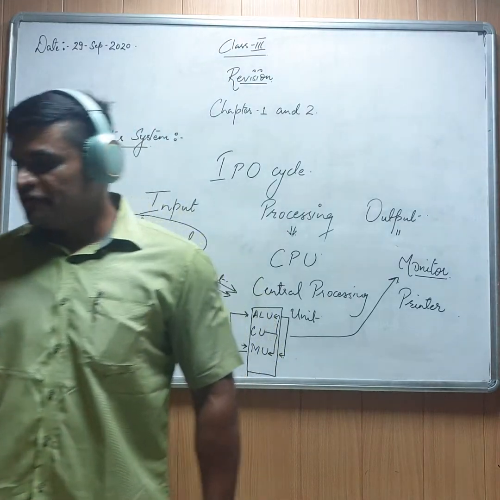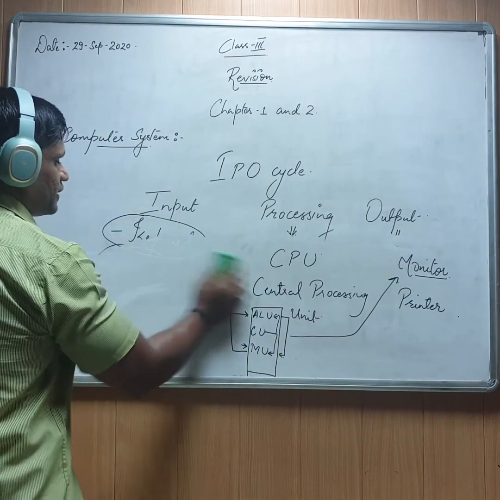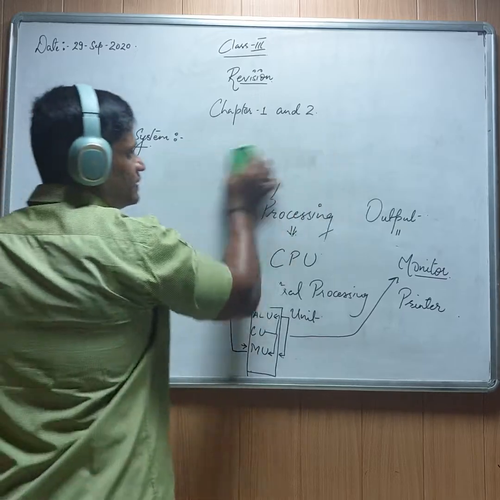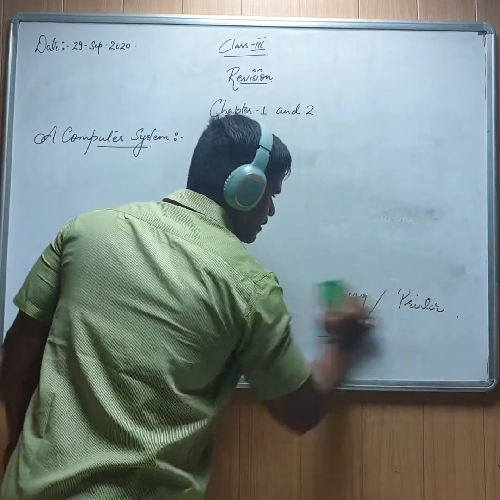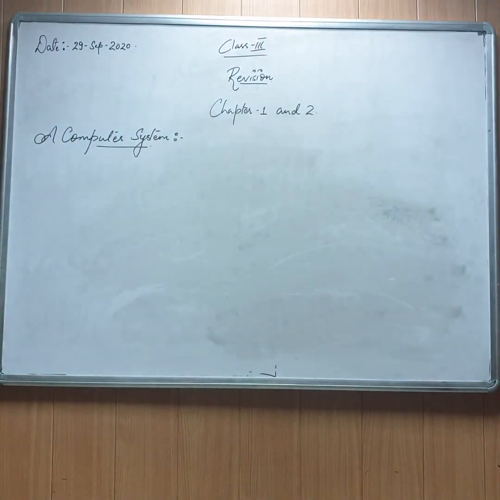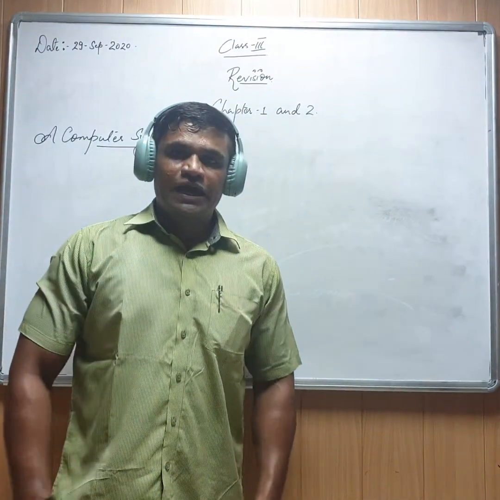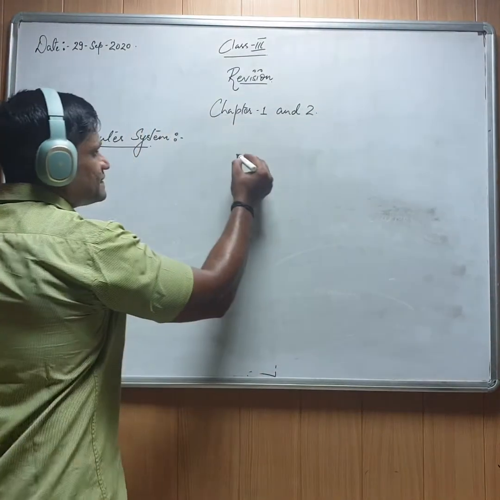Now, we will discuss the advantages of the computer. If we have a computer, what is the advantage of having it? The first is that computers have a very high speed.